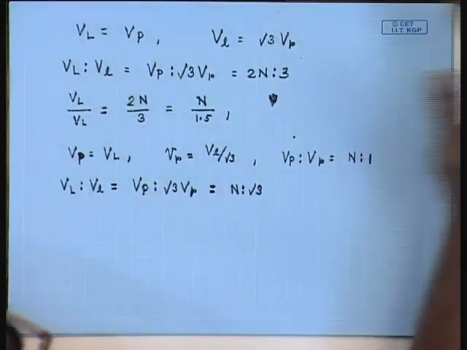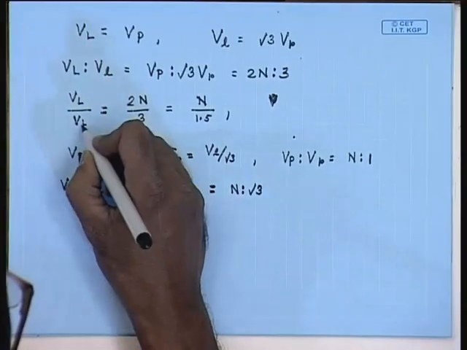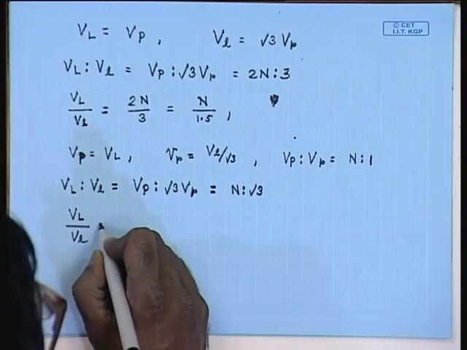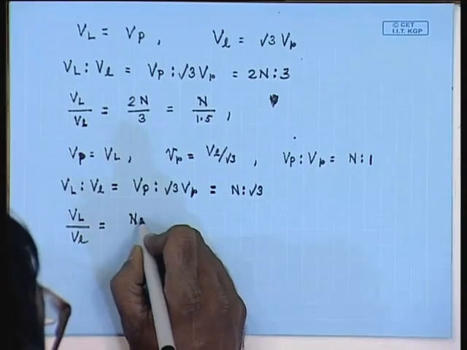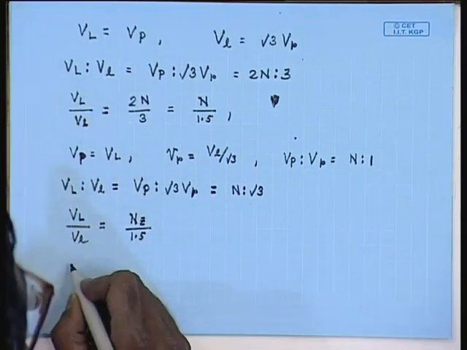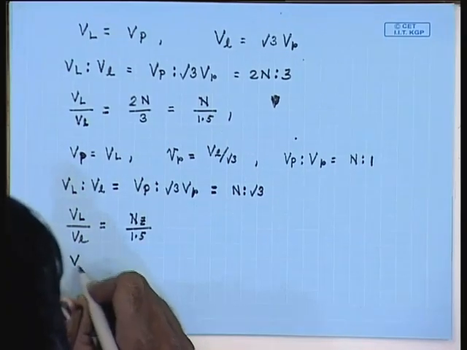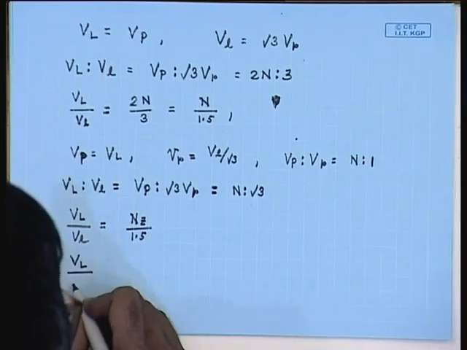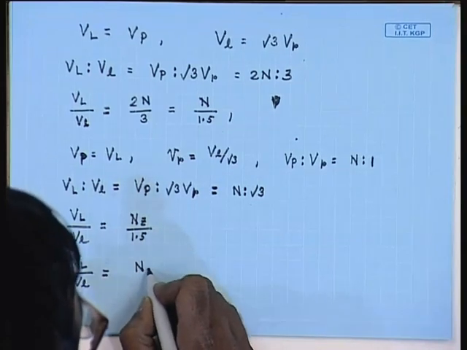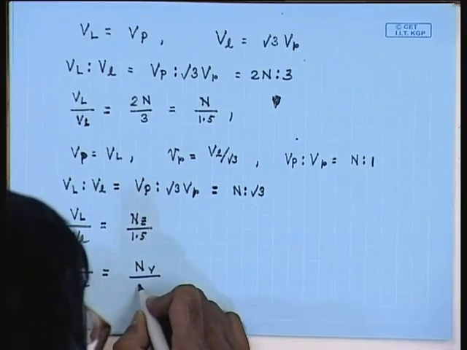So, suppose I have two transformers, one is delta zigzag star with turns ratio n_z. So, V_L is to v_L, there is n_z into is to 1.5. In the other case, I have the same line voltages, but with delta normal star. This is n_y by root 3.